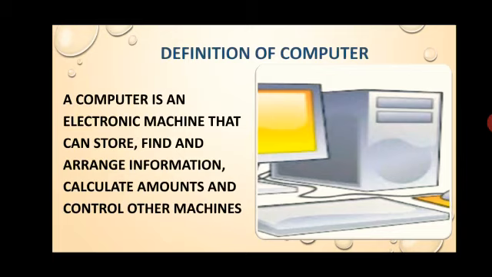That means computer can store, find and arrange information, calculate amounts and control other devices such as monitors, speakers, scanners, etc. Students, we are going to study about the definition of computer within details.